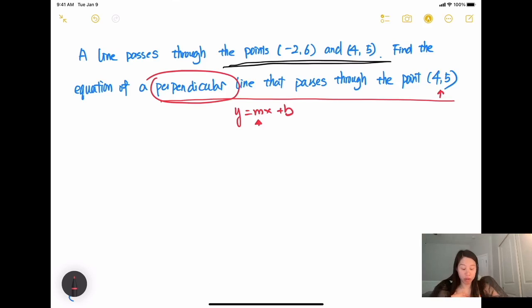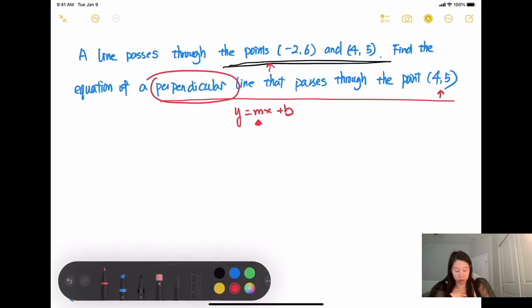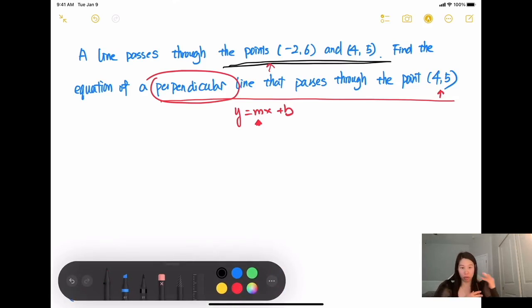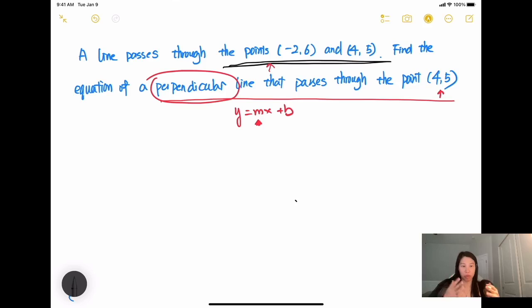So in order to find the slope of this red line, it's perpendicular to the black graph, right? So that means I need to know the slope of the black graph first. So this is the process, how you do the steps. Okay, from the first line, I have 2 points.